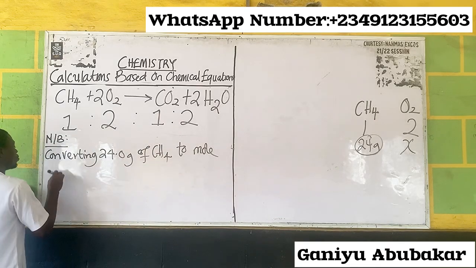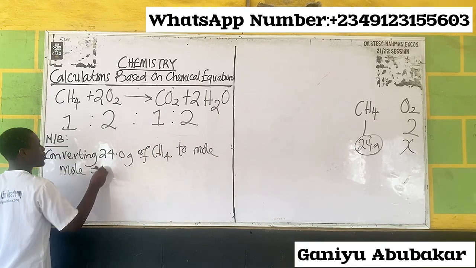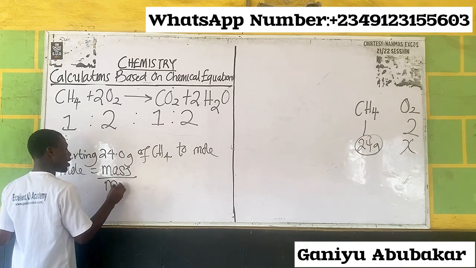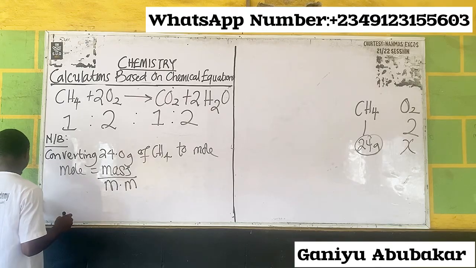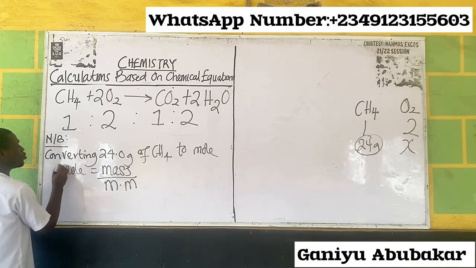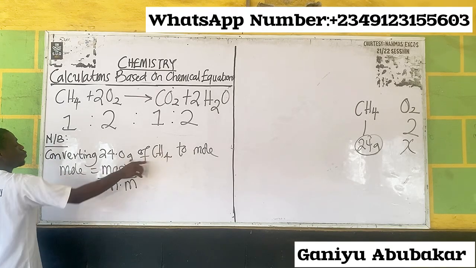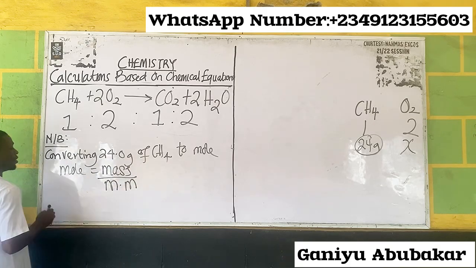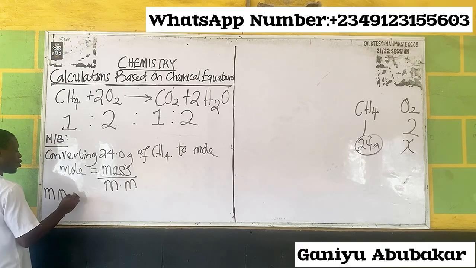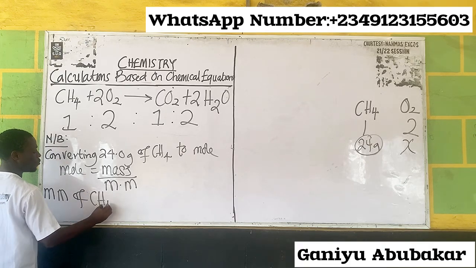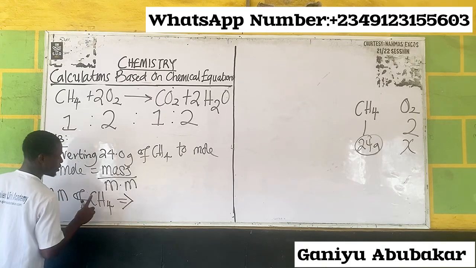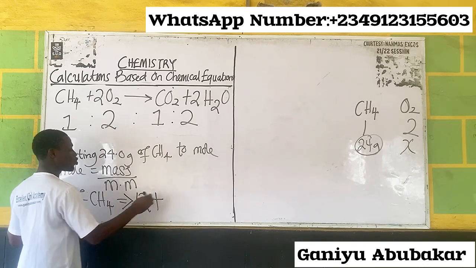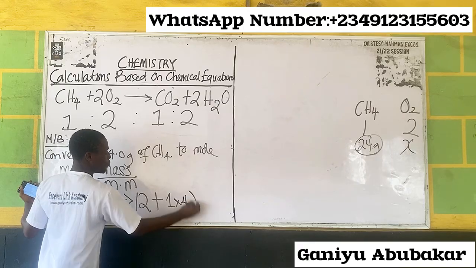So I can use it there. We know that mole is what? Mass over molar mass. So to get the mole of methane, we need the mass of methane, and we still need the molar mass of methane. So the molar mass of methane, CH4, will be C, atomic number 12, plus hydrogen is just 1, then times 4, right?